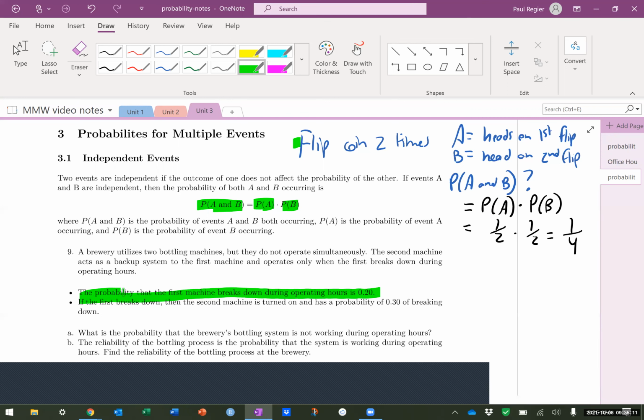What this means is 20% of the time it's broken, it's not working right. But the second one doesn't have as good of a rate. If the first one breaks down, they turn on the second one, and it breaks down 30% of the time.